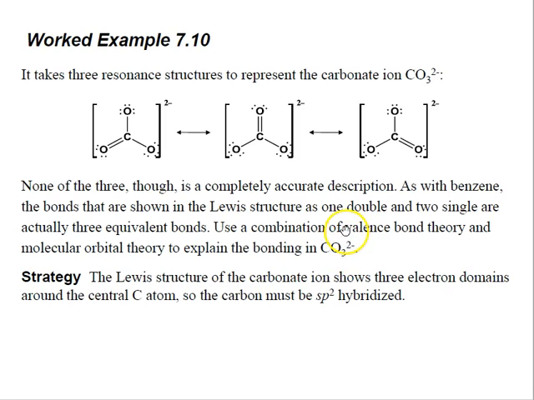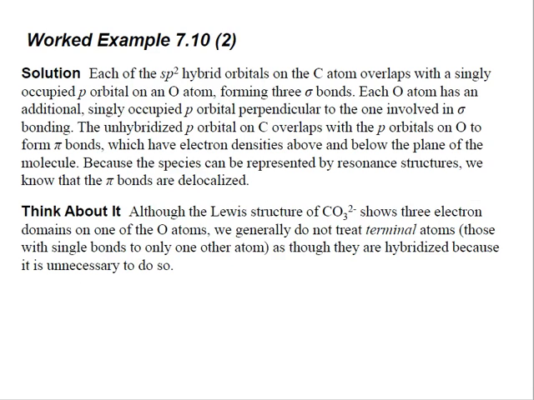Use a combination of valence bond theory and molecular orbital theory to explain the bonding in the carbonate ion. So again, the strategy, first thing you want to do is take the Lewis structures and determine how they must be sp2 hybridized. So looking at those structures again, maybe draw them out and come back to this slide if you want. Each will be an sp2 hybrid orbital on the carbon atom, which overlaps with a singly occupied p orbital on an oxygen atom, forming 3 sigma bonds.